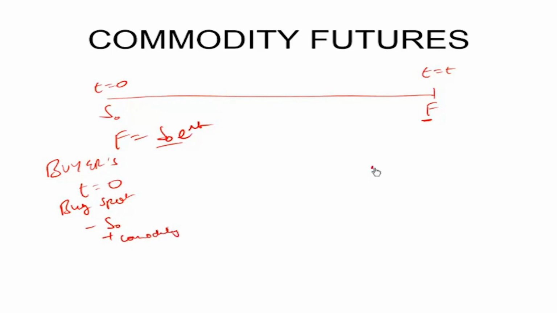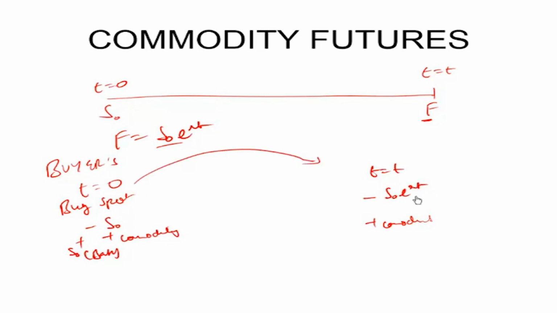I need the commodity at t equal to T. So at t equal to T, I will have the commodity, but assuming I borrowed this S0 from a bank, since I actually wanted to enter a forward, then my total cost that I'll have to repay would be S0 e raised to the power RT, and I will have to incur additional storage cost on storing this commodity till the time T, because I bought it in the spot. So the payout will be whatever is paid to the bank and also the storage cost.